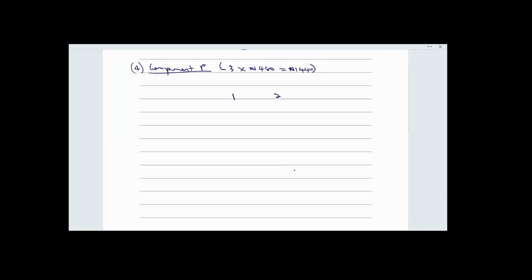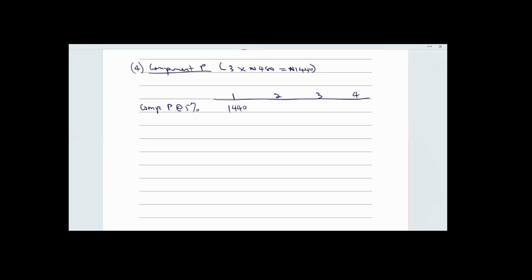So year 2, year 3, year 4. Component P at 5%. First year price is 1440. Therefore, 1.05 multiplied by 1440.